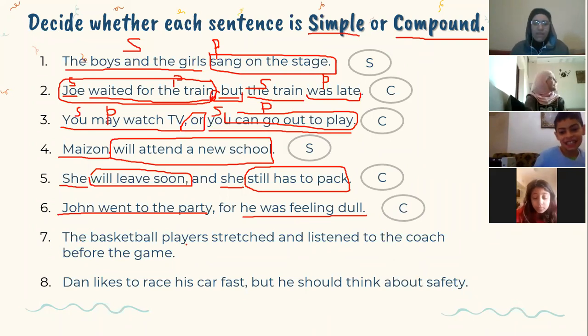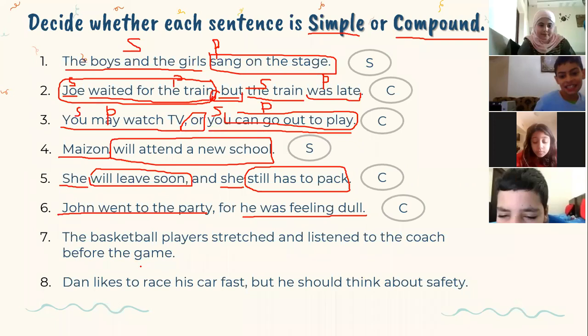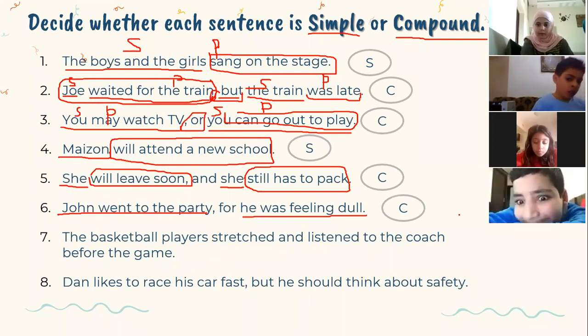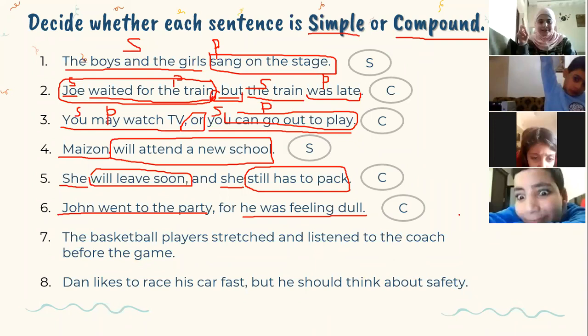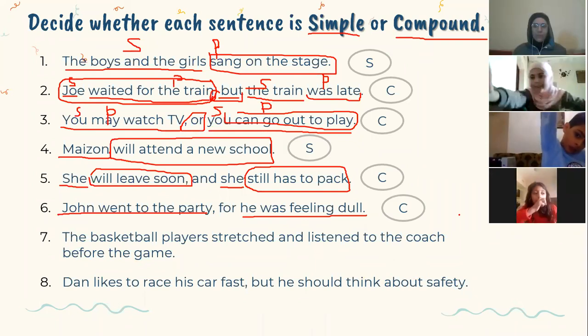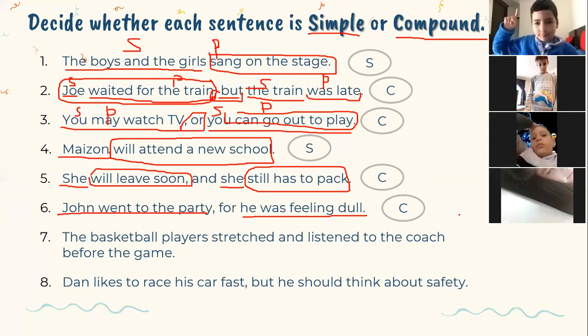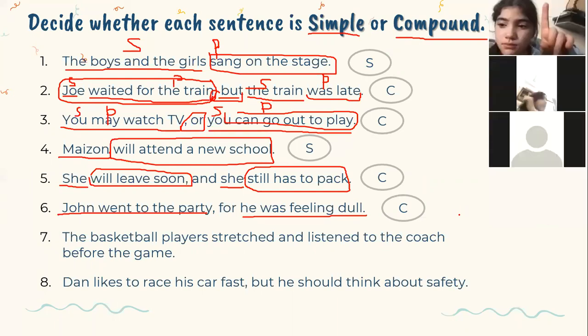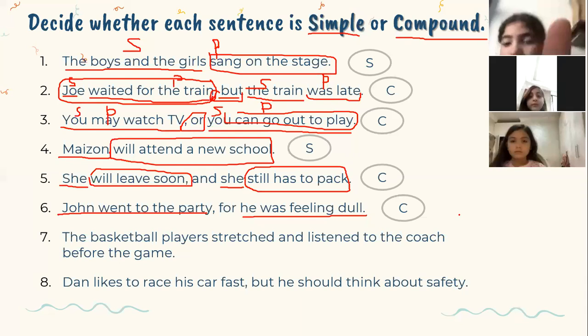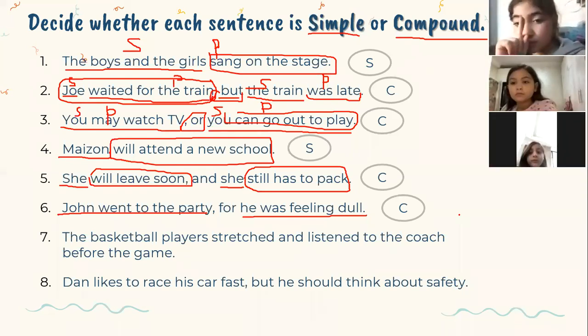Number 7, the basketball players stretched and listened to the coach before the game. Who wants to answer this tricky sentence? I want new faces, guys. Let's take Jude.